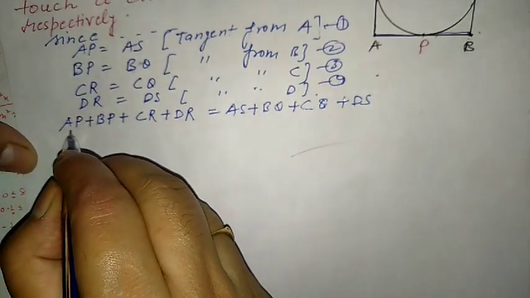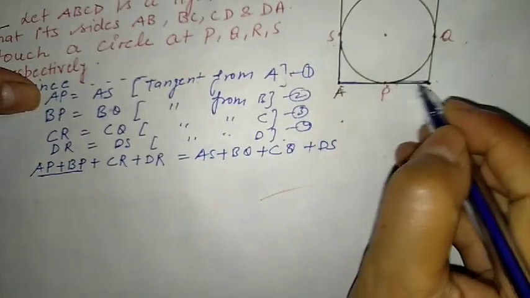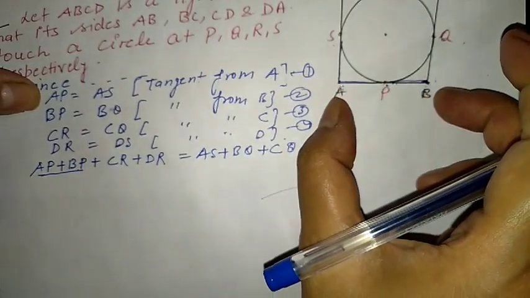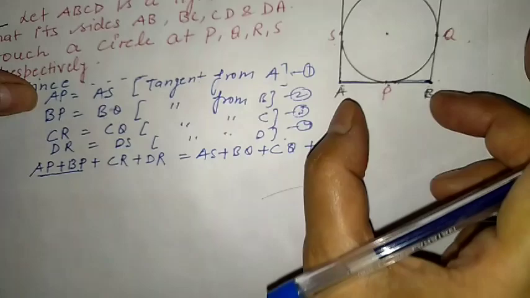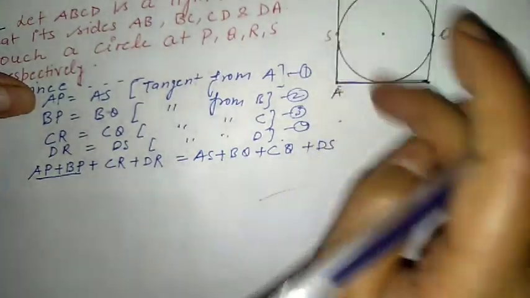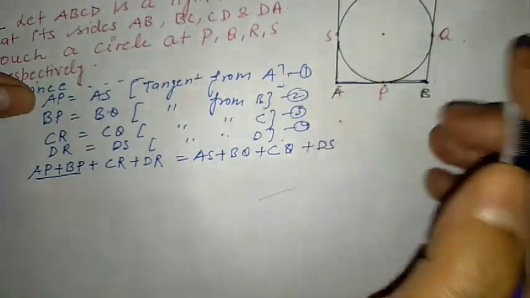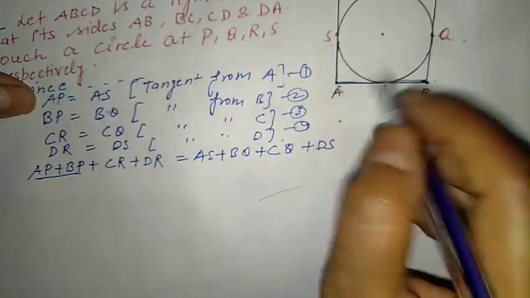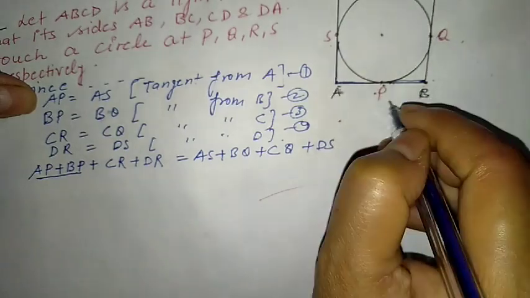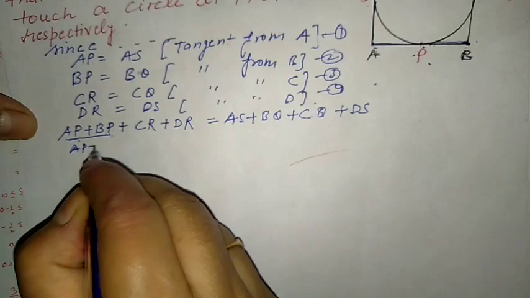So we can take here AB because we want to prove this parallelogram is a rhombus. So we have to prove that the adjacent sides are equal. तो हमें पूरी साइड लेना पड़ेगा. तो AB बनाने के लिए we want two parts AP and BP. इसीलिए हमने यहाँ पे AP और BP को एक ब्रैकेट में पुट किया.